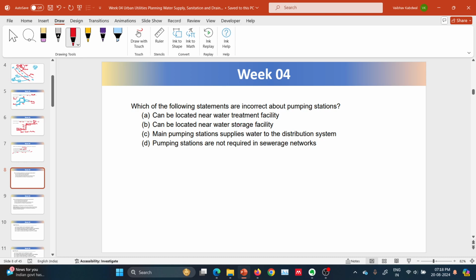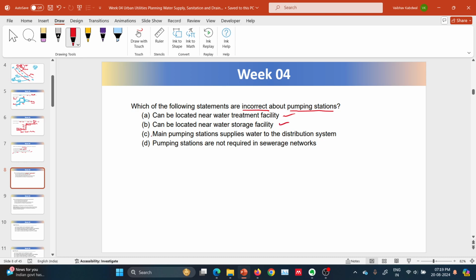Which of the following statements are incorrect about pumping stations? Pumping stations can be located near water treatment facility. Yes. Pumping stations can be located near water storage facility.